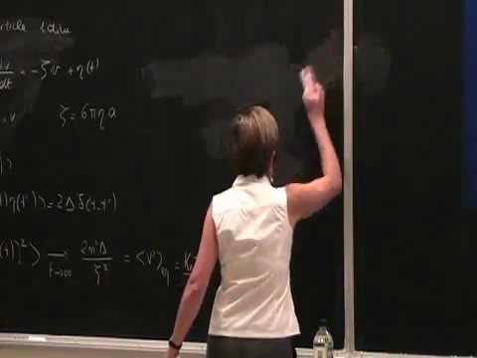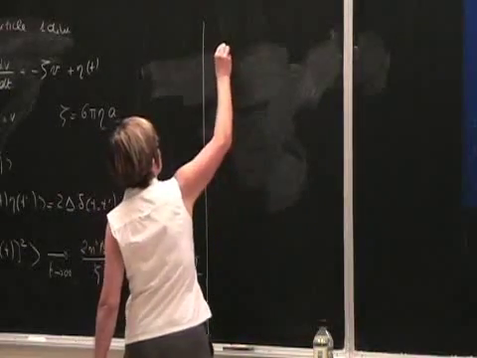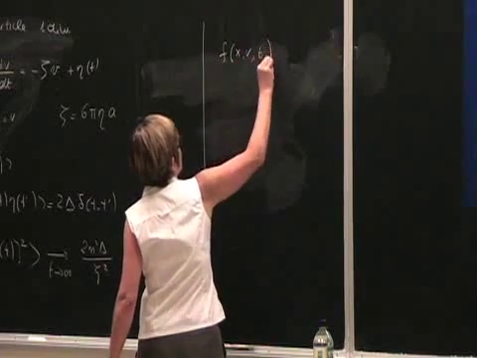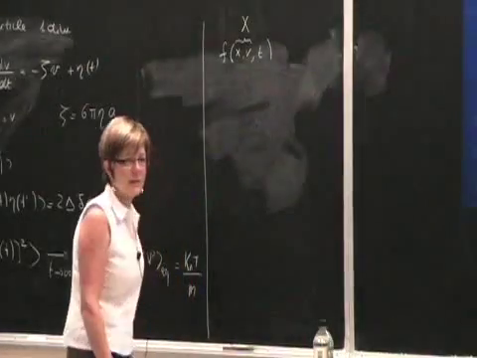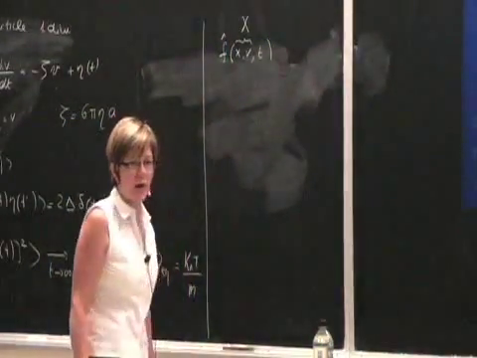and which could also be described in terms of a distribution function f of X and t, and by the way, I will call this big X, okay? And I will put a hat on this distribution function for now.